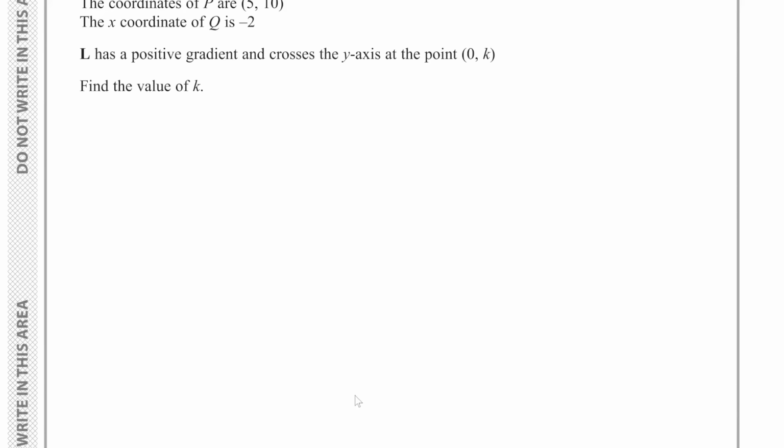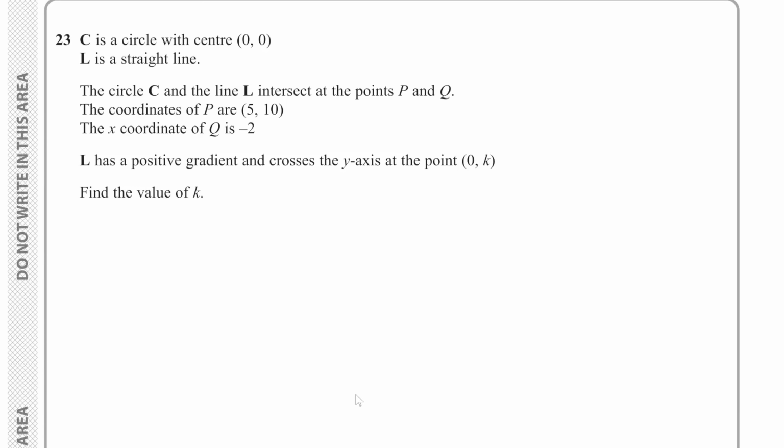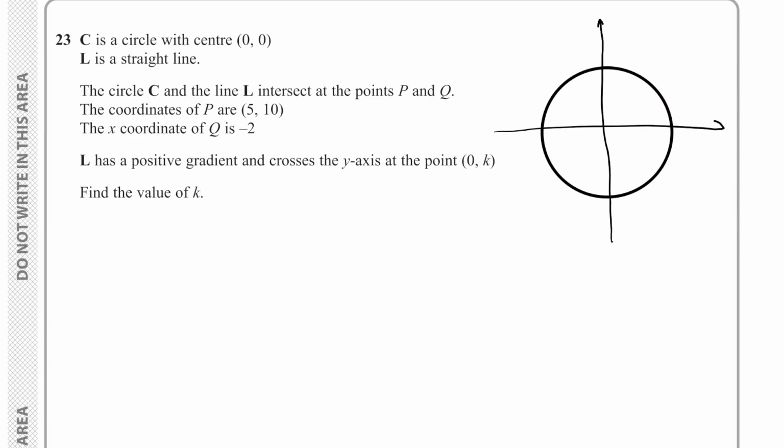Question 23. Is it the last question? It's the last question. Circle C is a circle with center at the origin. I'm going to sketch this. I'm going to get a circle. So I've got a circle with its center at the origin.